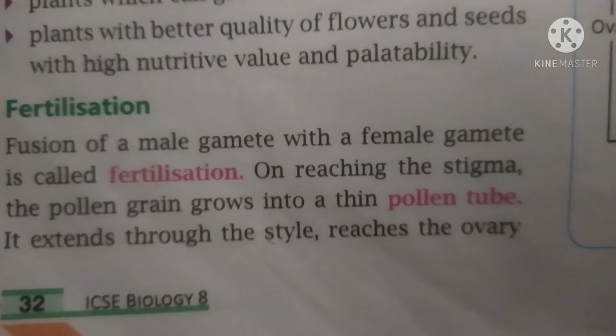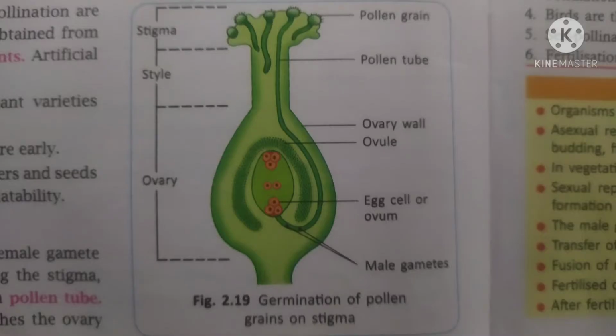Here you are observing the germination of pollen grains on the stigma. The pollen grain is a part of the male reproductive part in a flower, and the stigma is a part of the female reproductive part.